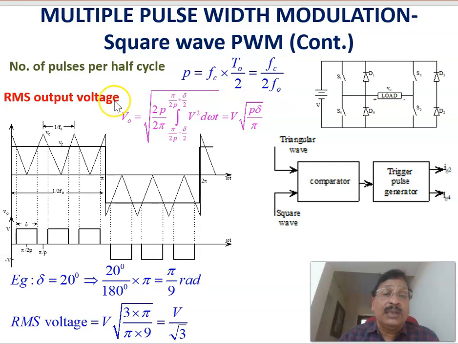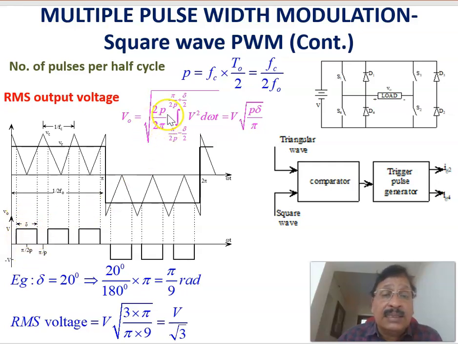Now, what is the RMS value of this output voltage? The RMS value of this output voltage can be calculated as the square root of 2p by 2 pi, where p is the number of pulses per half cycle, times the integral with limits pi by 2p minus delta by 2 to pi by 2p plus delta by 2.